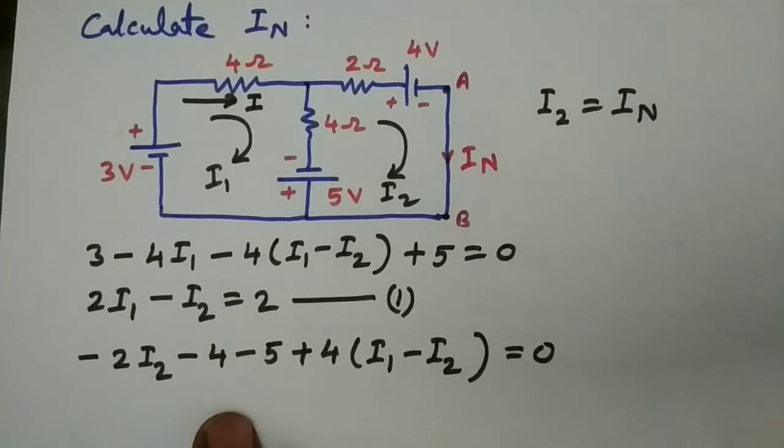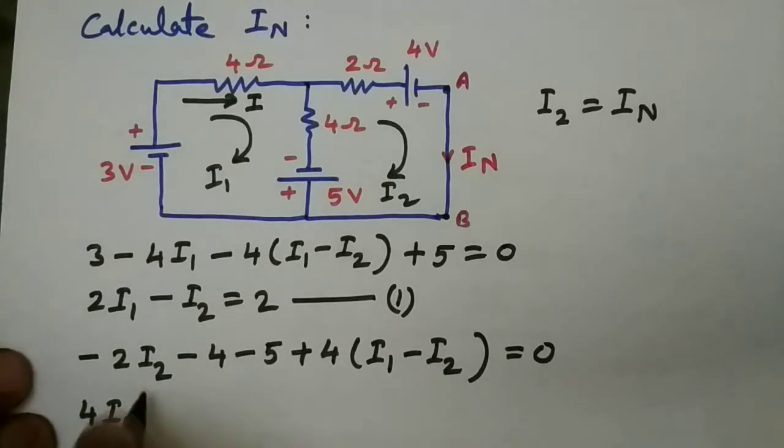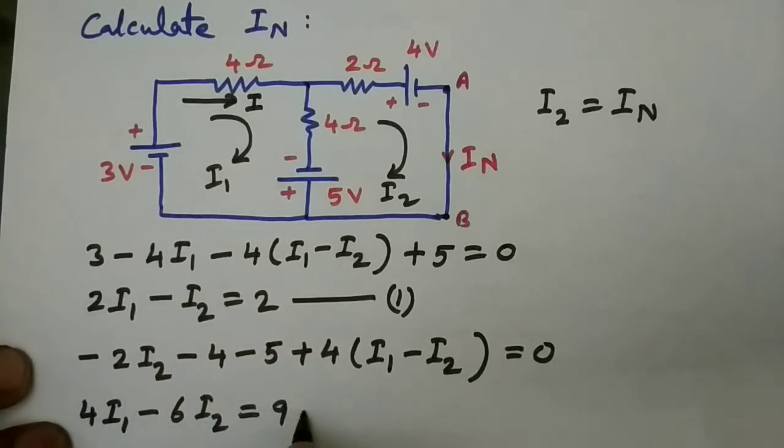After simplification, this equation will be 4I1 minus 6I2 equal to 9, equation number 2.